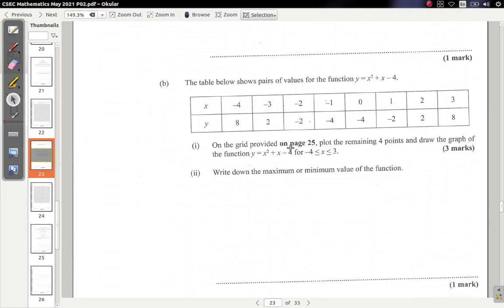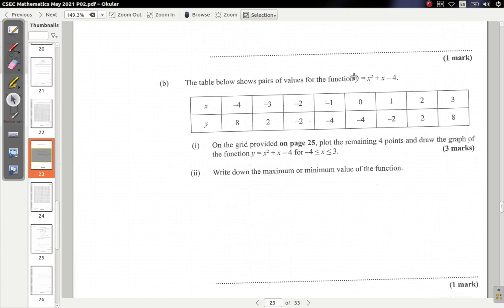Alright, so with our question 8, part B of the CSEC Mathematics May 2021 past paper. It says the table below shows pairs of values for the function y equals x squared plus x minus 4.